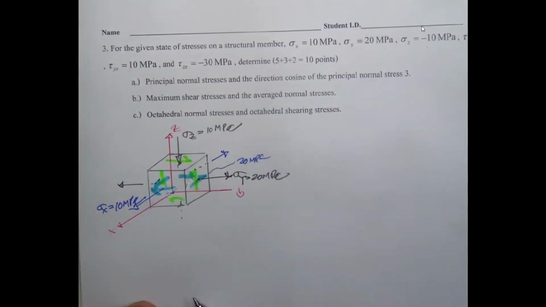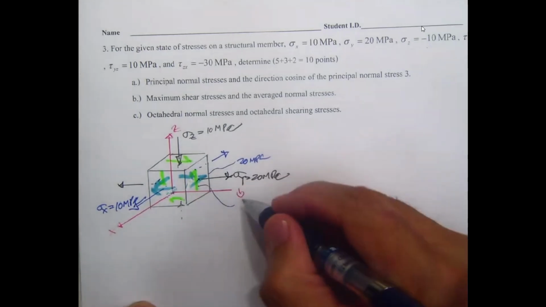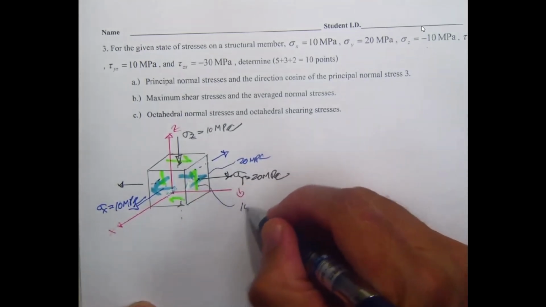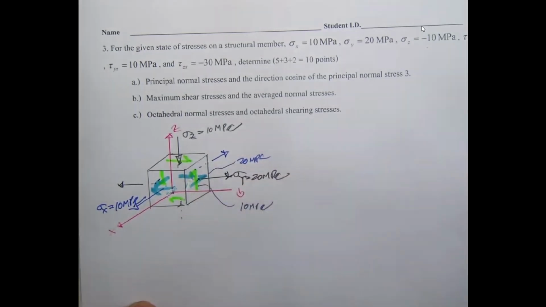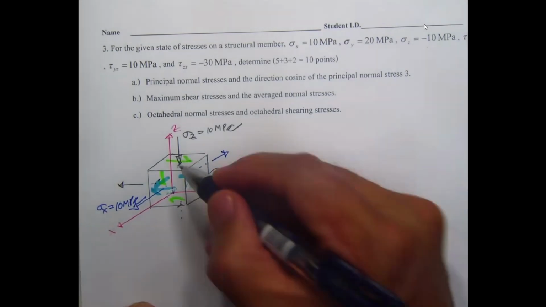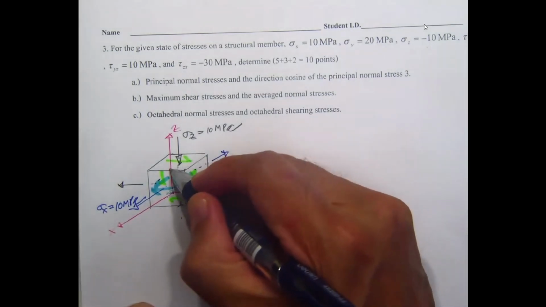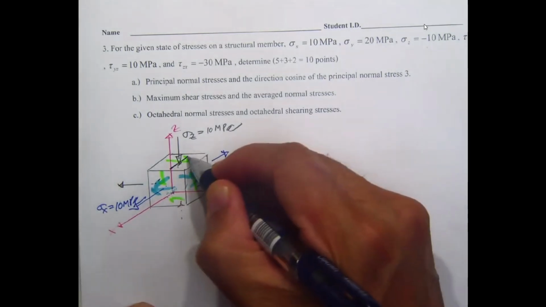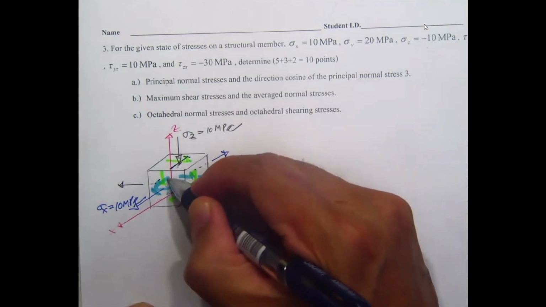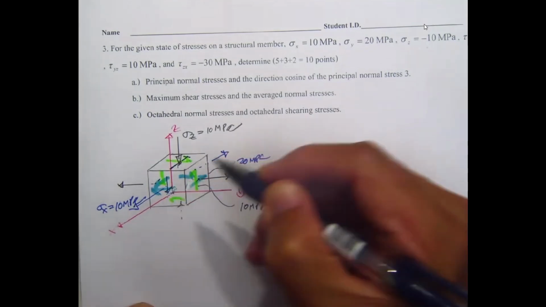And this is going to be 10 megapascal. The last one is going to be xc, cx, but in the negative direction.